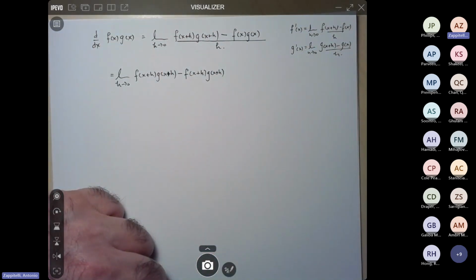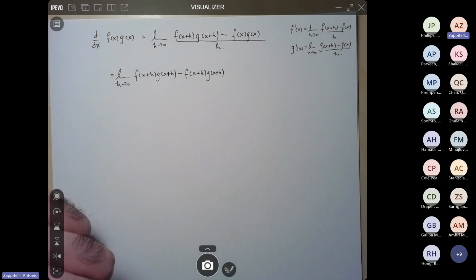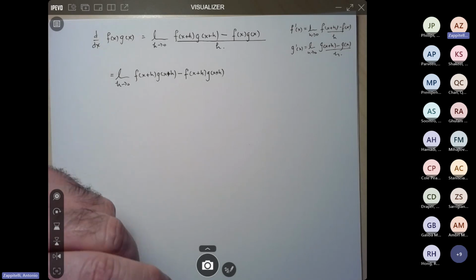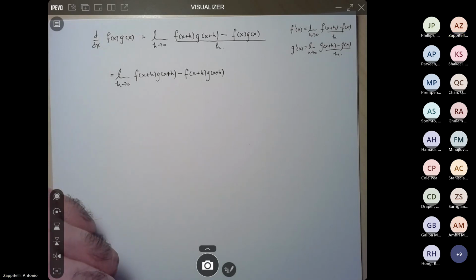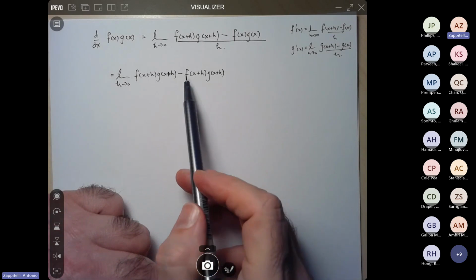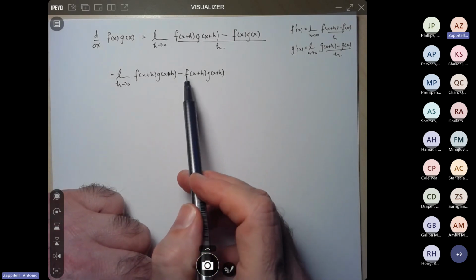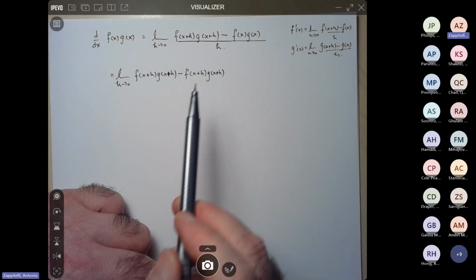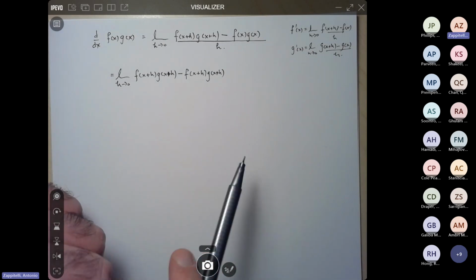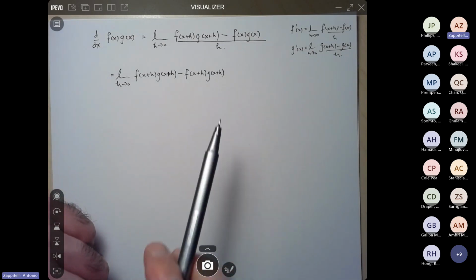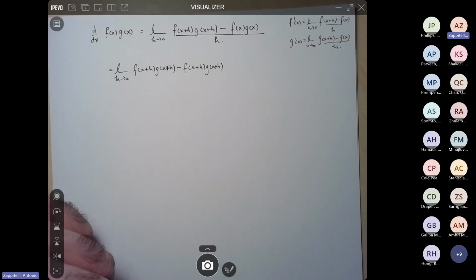And I'm not allowed to just stick new things into expressions, okay? Unless I do something else. What could I do that would allow me to subtract f at x plus h times g of x plus h? What else could I put into this expression that would make this okay?